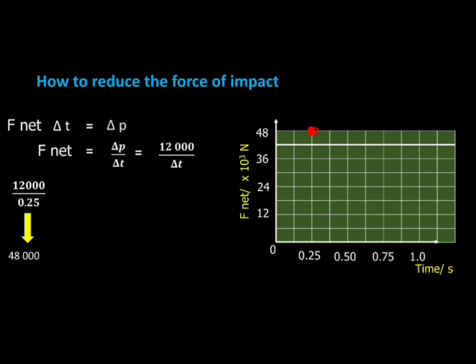What if the time is 0.5? We have doubled the collision time. What happens to the force of impact? The force of impact becomes half of the previous value. The previous value was 48,000. Now the new value is 24,000.